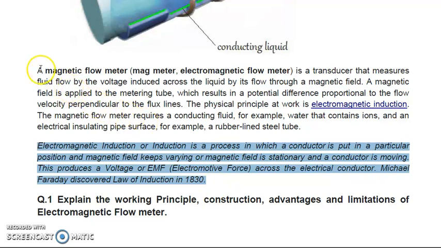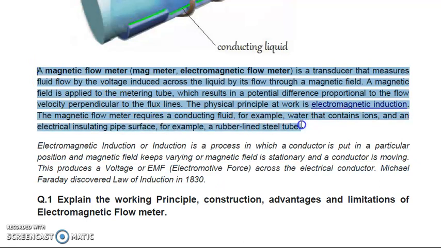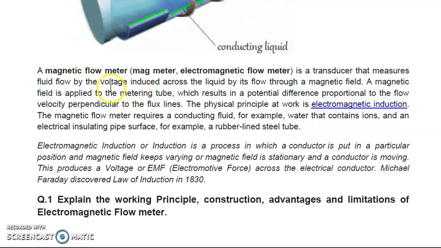Now, what is magnetic flow meter? So the magnetic flow meter is a transducer. It is a transducer that measures magnetic fluid flow by the voltage induced across the liquid by its flow. Now, if the fluid which is flowing is of conductive nature, and the pipeline is wound by windings which are magnetized with a magnetic field.